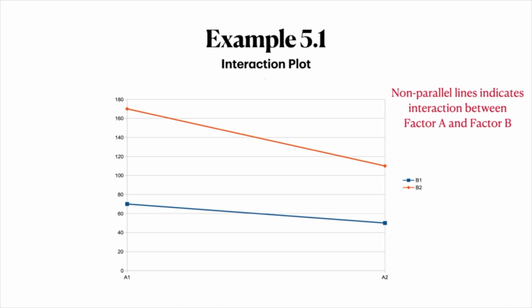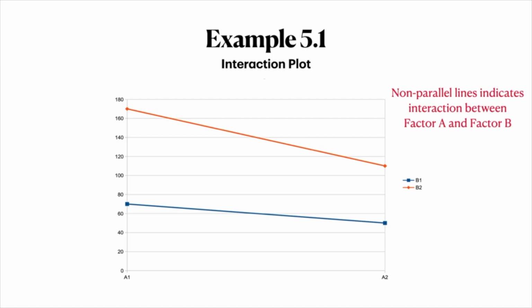You can see here that the mean for the treatment combination A1B1 is equal to 70. The mean for the treatment combination A1B2 is at 170, and that's an orange point. On the right-hand side, I've got the mean for the treatment combination A2B1, a blue point, at about 50.